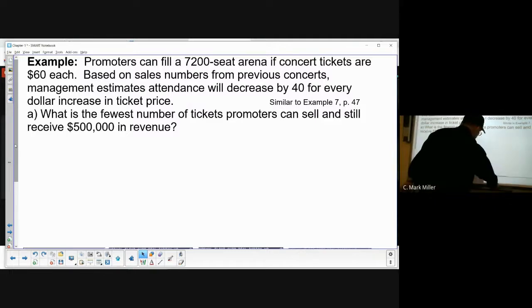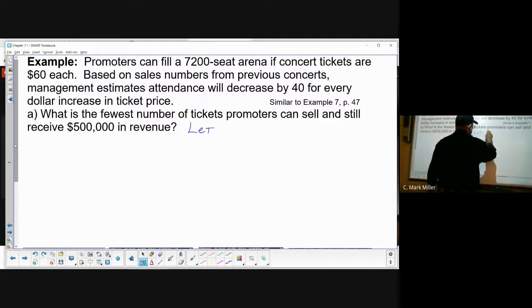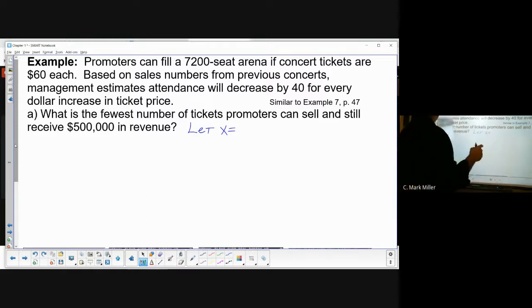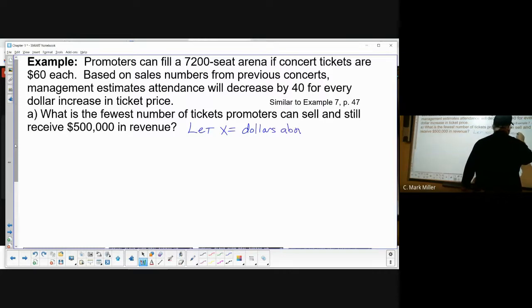So I'm going to let X equal how many dollars I raise it above 60. Dollars above $60 ticket price.